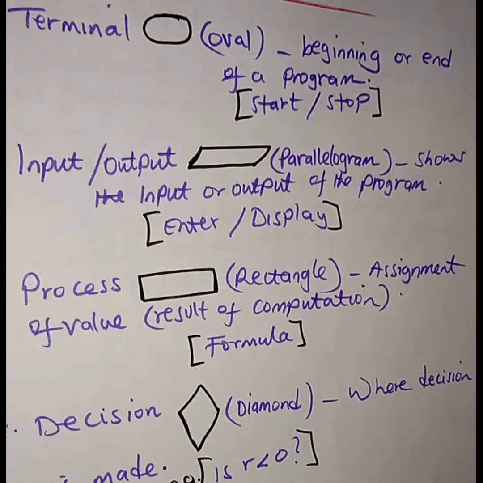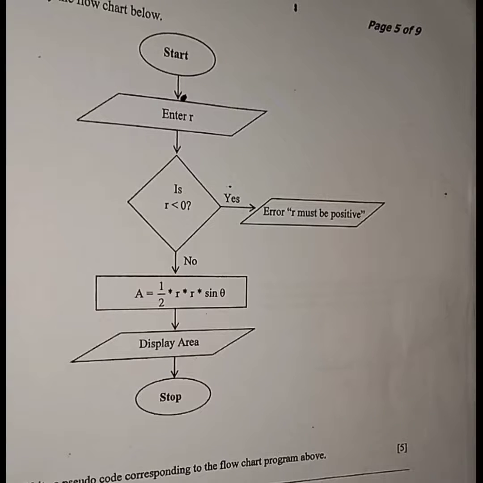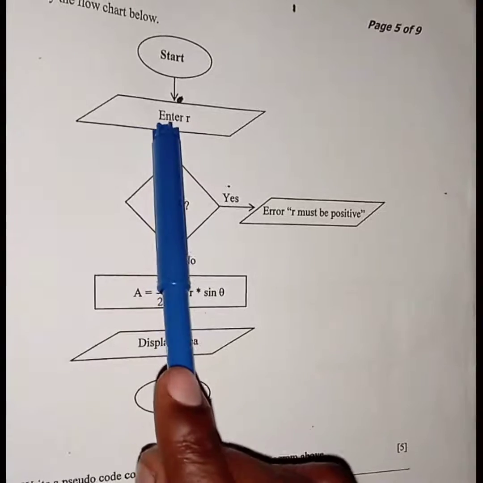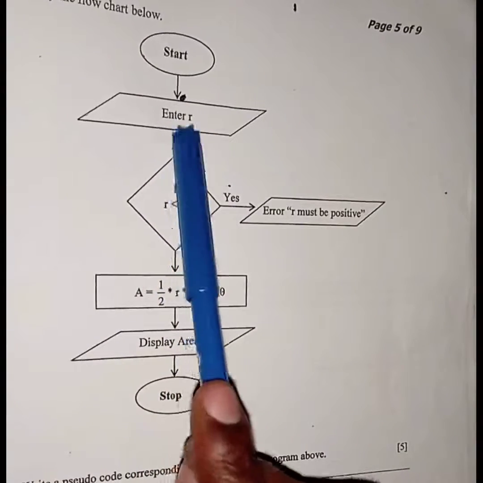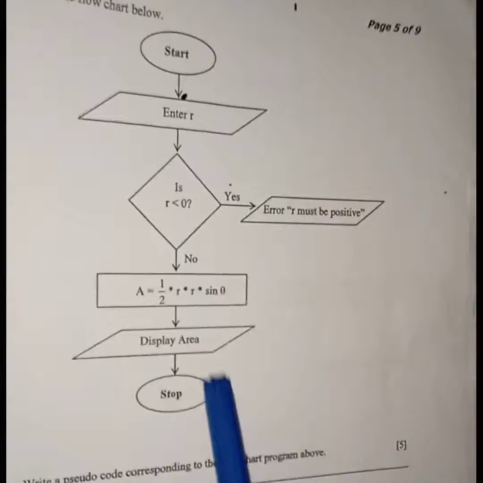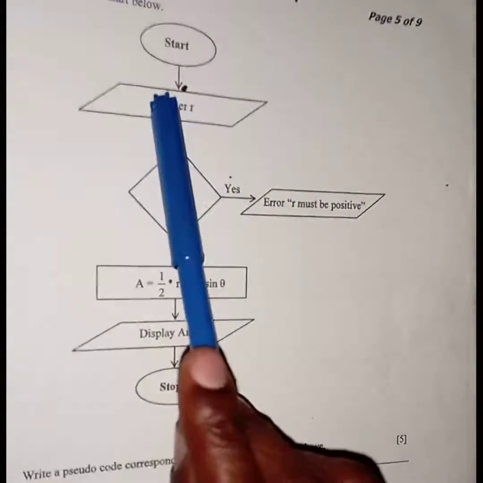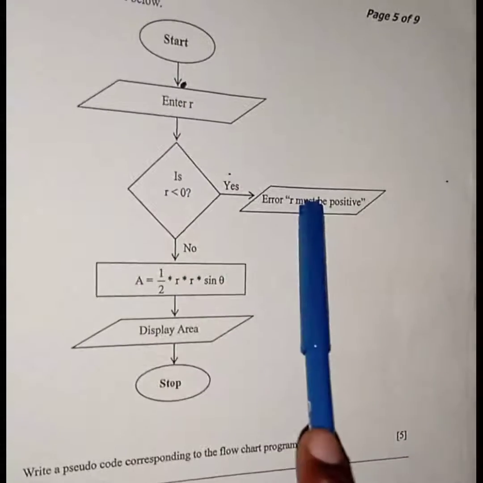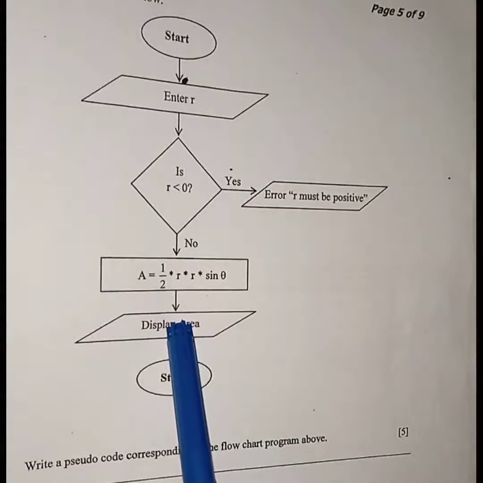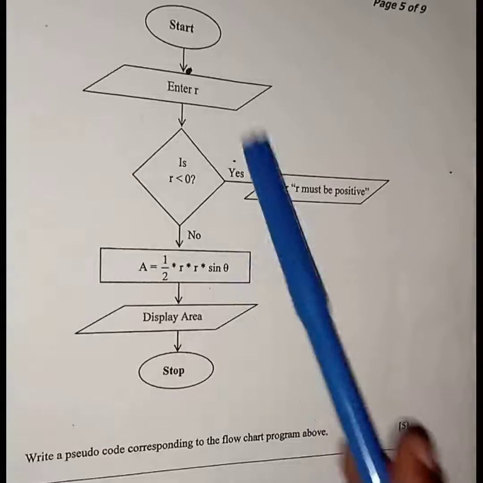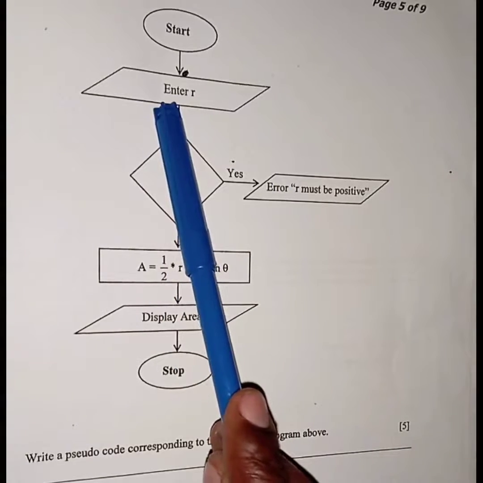Let's see an example. Look at this example. We have this shape that we call input or output. And here we have input, output. Here as well, as you can see, same parallelogram. So input, same as if we were to say enter.